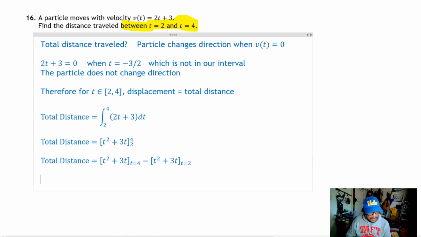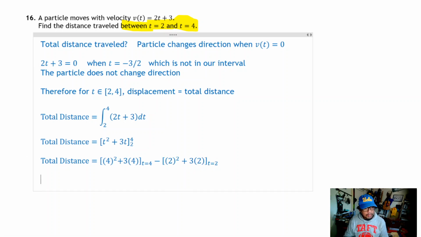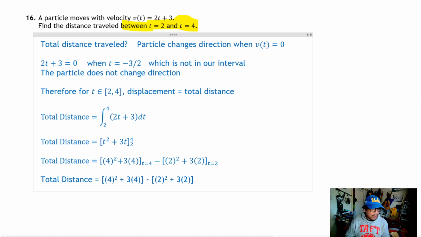We'll go ahead and evaluate at 4 and then evaluate it at 2. Then find the difference. First, we'll substitute 4. Then we'll substitute 2. Square.